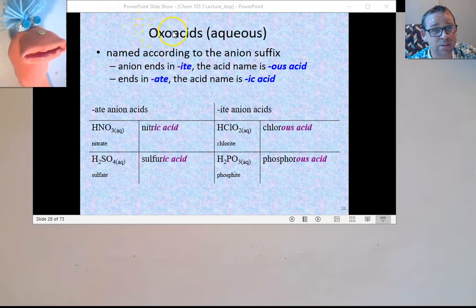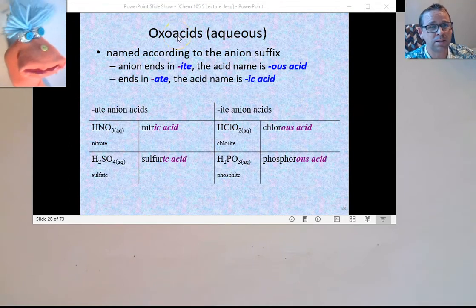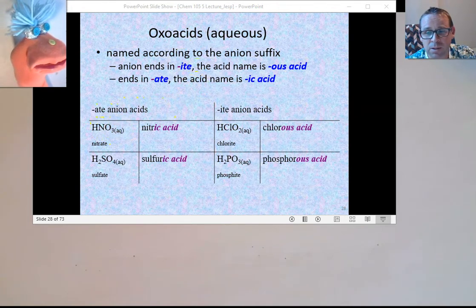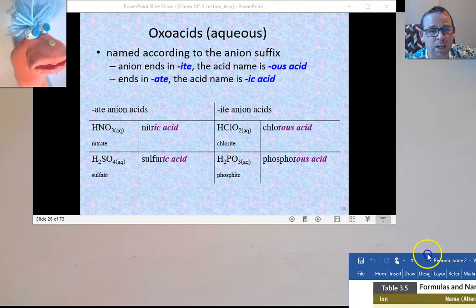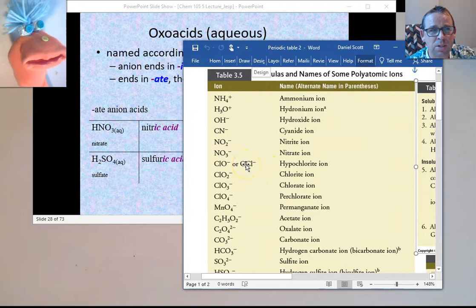The other group of acids is called oxoacids because they contain oxygen. So if an acid contains oxygen, then these acids will also contain one of our polyatomic ions. So if you have your polyatomic ion chart and you look at any anion on the list, what's an anion? Anion, that's the negatively charged ones, right? That's right.